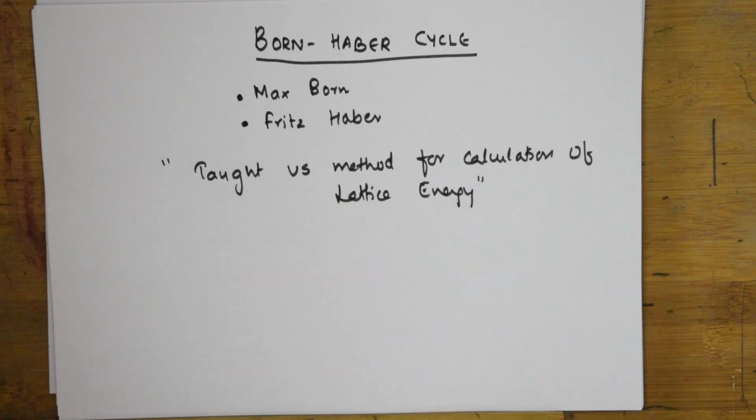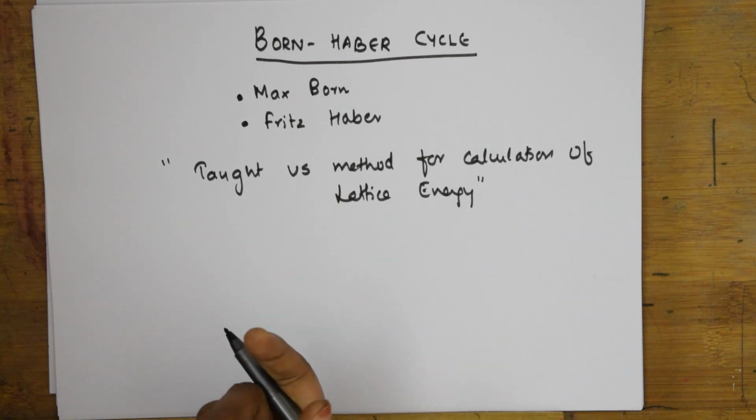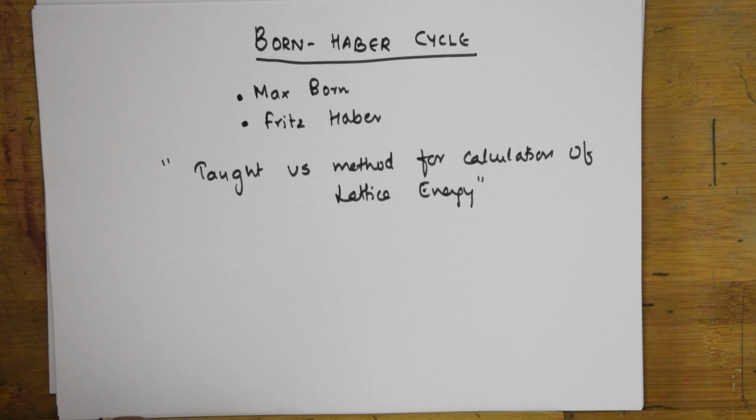So what actually is lattice energy? Let us define. Right? So now when I speak about an ion, a positive cation, a negative anion, what is the force of attraction holding them? It is basically electrostatic force of attraction, isn't it? So your concept starts from two ions combined together.